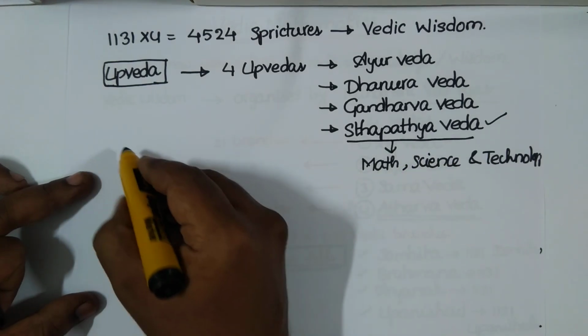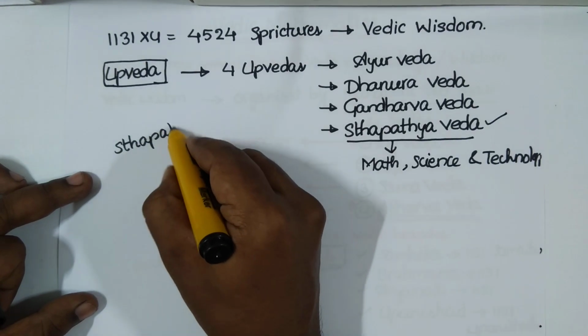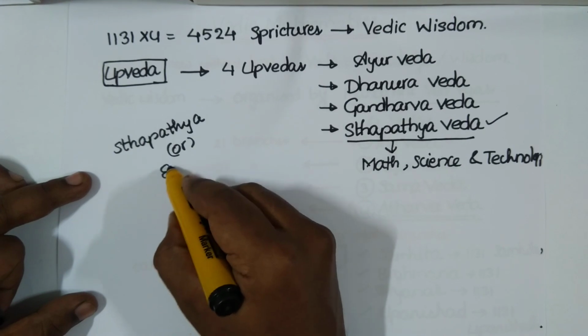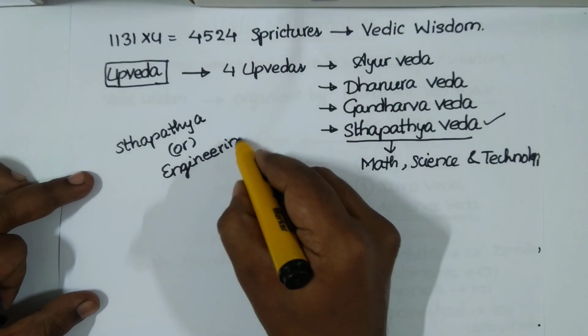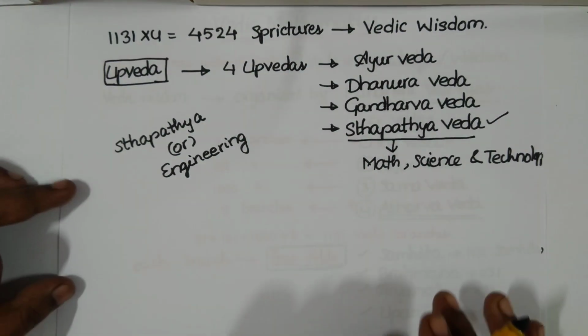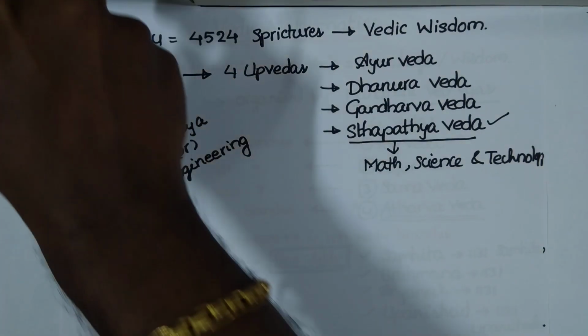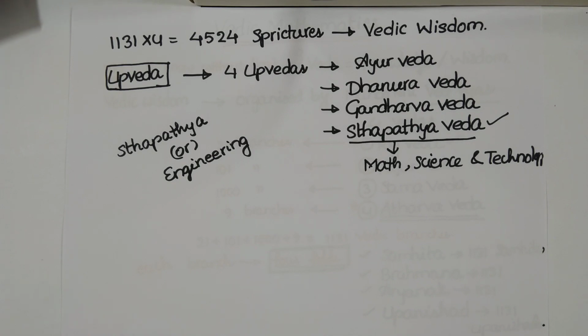You can also call it Sthapatya or engineering. Every engineering, from civil engineering, mechanical, electrical, everything we have in this Sthapatya Veda. So Sthapatya Veda is a subset of Atharva Veda.